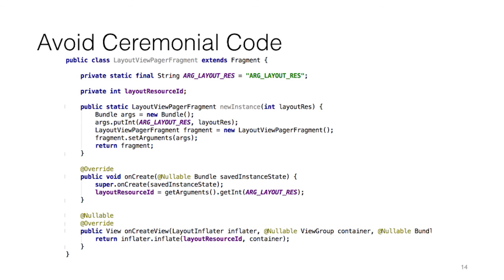We'll then have to tease that integer out of the arguments, put it into this instance variable, and then finally, the last gasp, onCreateView will be called. So the argument here is that instead of going around in circles like this, why not just simply let the adapter straight away inflate the view and send it right back without further ado.